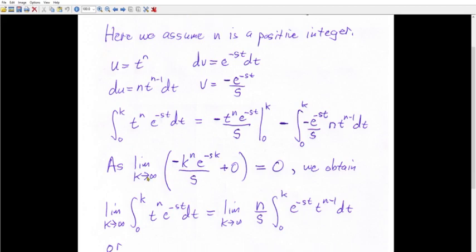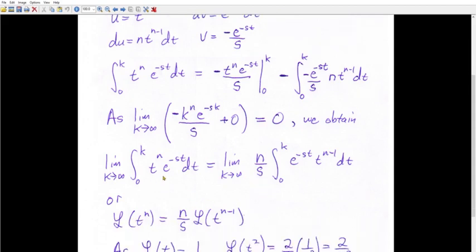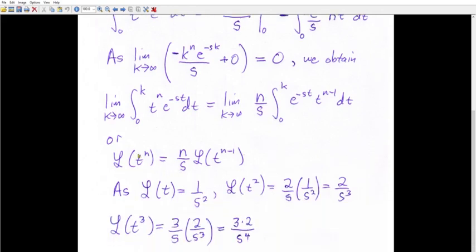And as k goes to infinity, that term goes to 0 as long as s is positive, because this exponential overpowers the polynomial. And that means this term dies off, and we obtain this integral is equal to just this piece. And what we recognize here is this is the Laplace transform of t to the n, and this is the Laplace transform of t to the n minus 1 multiplied by n over s. And that gives us this formula that the Laplace transform of t to the n is n over s times the Laplace transform of t to the n minus 1.